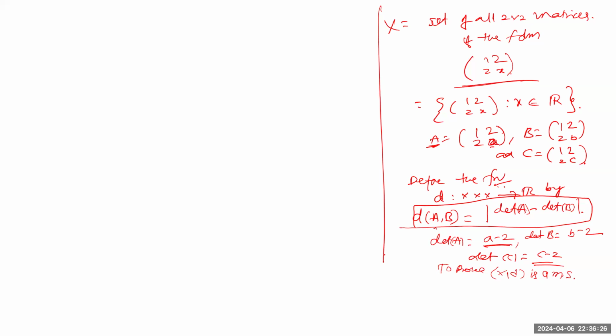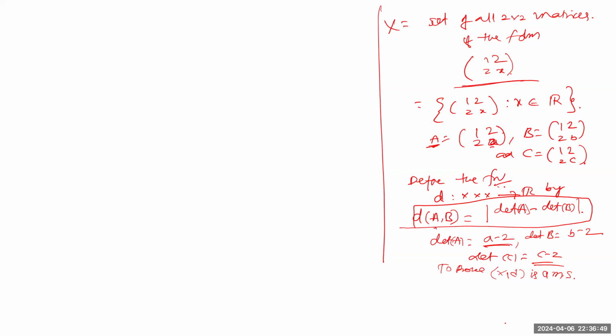So, as usual, what is our first axiom? Metric space axiom, non-negativity. The distance between any two values should be greater than or equal to 0.